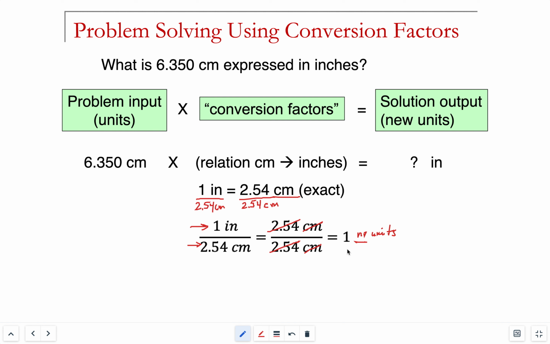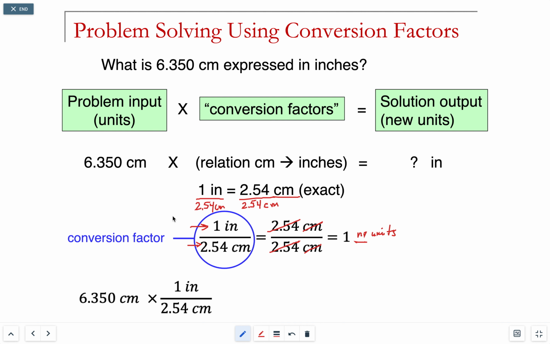Now, if we take this relationship right here, this is called a conversion factor. And this is the one that we want to use in the problem, because if we start here and we multiply by this conversion factor, again derived from this relationship, look at what happens to the units.